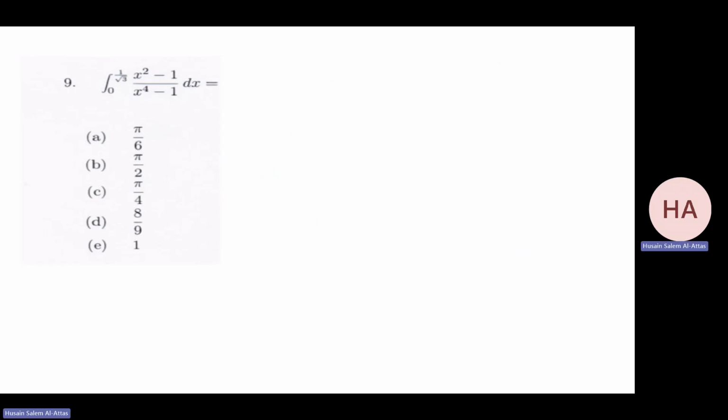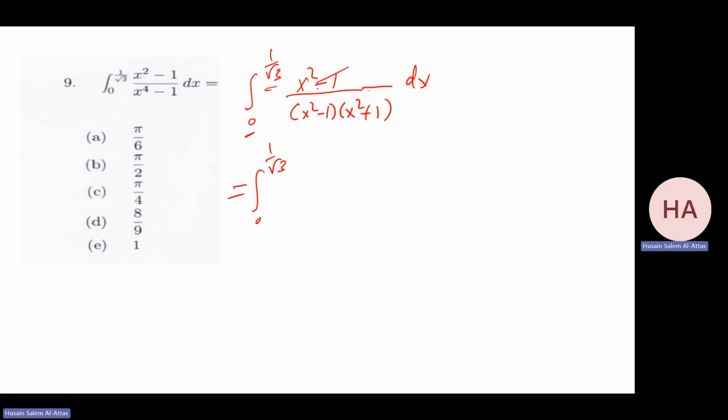Okay, this one, 0 to 1 over square root of 3 will be x squared minus 1. I have x squared minus 1 times x squared plus 1. By the way, this is okay since 1 is not in this interval. So it will be from 0 to 1 over square root of 3. I cancel this with this. I have 1 over x squared plus 1 dx.